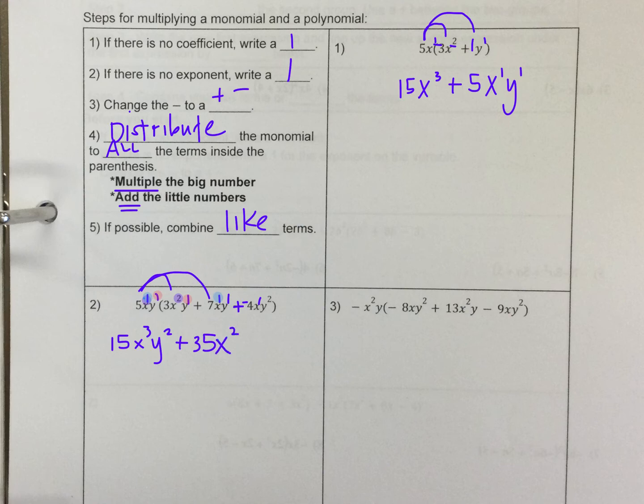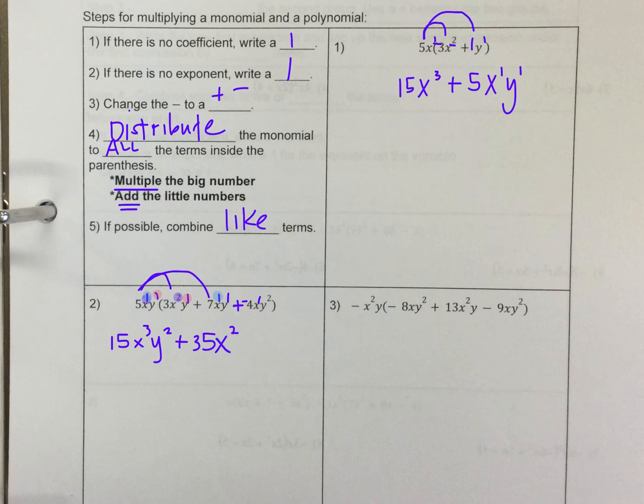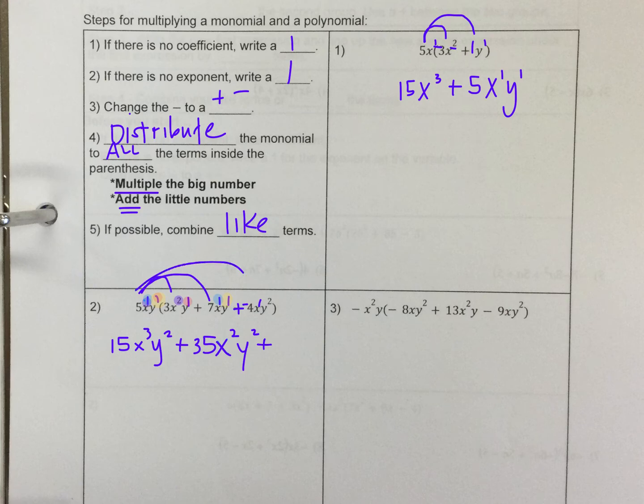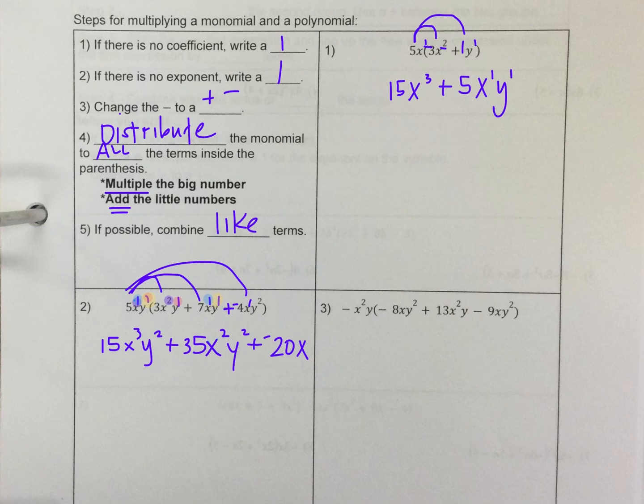And I've got y to the 1, 1 plus 2 would be y squared, plus negative 4 times 5 is negative 20. I've got a 1x and a 1x, that gives me a 2. I've got a 1y and a 2y, that gives me a 3. So none of these have the same exact last names, so I can't put them together, so I'm done.